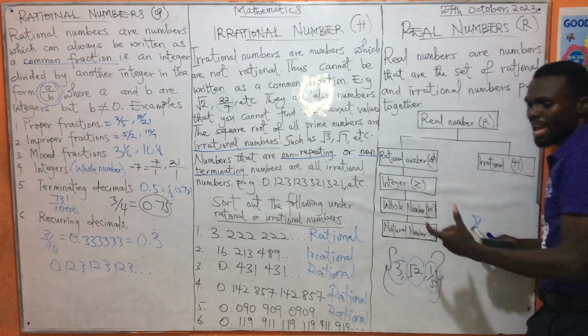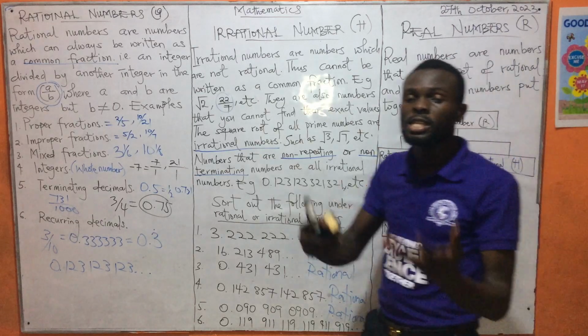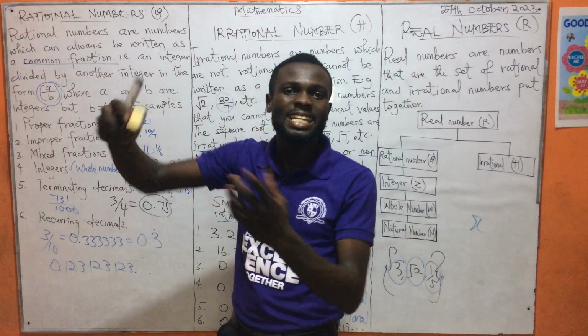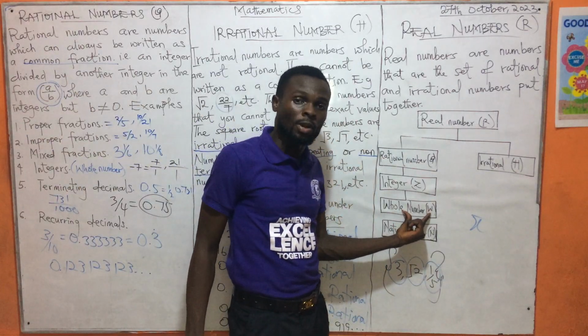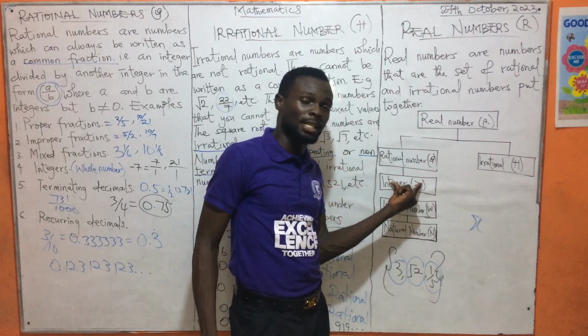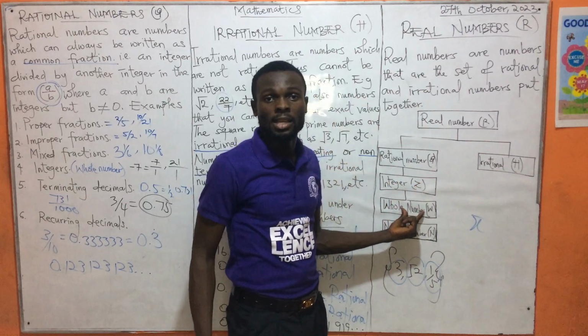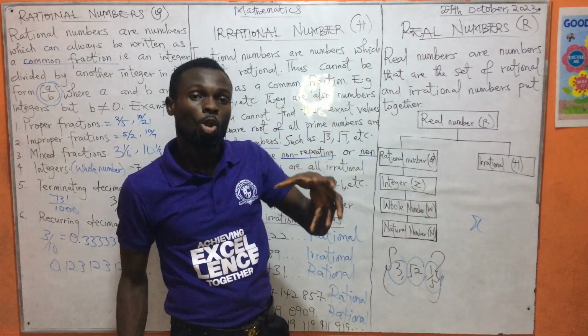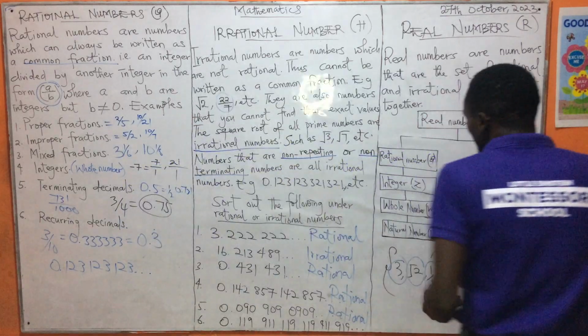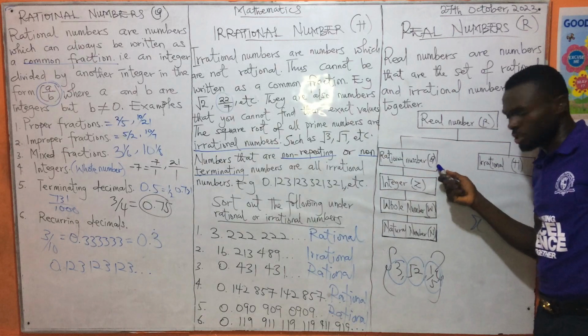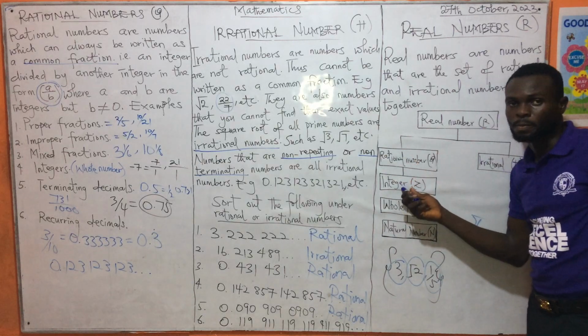What is a subset? A subset is a set whose elements can be found in another set. So if I can get all the elements of whole numbers in integers, then whole numbers is a subset of integers.